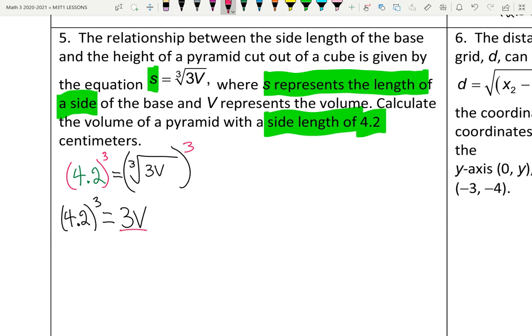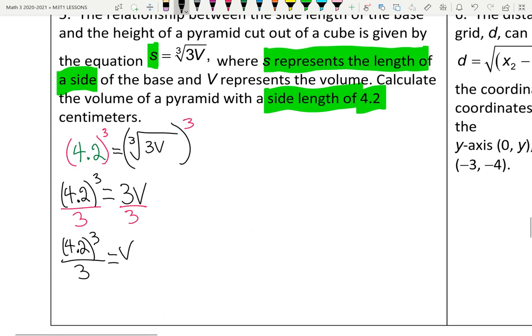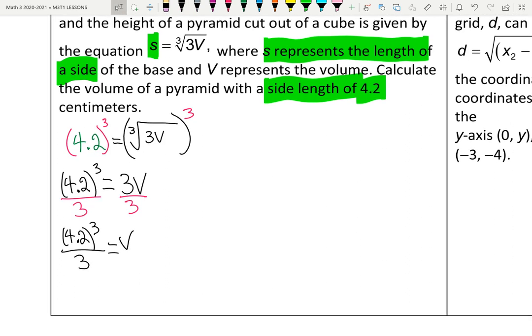To get v by itself, I have to divide by 3, leaving me with my answer, 4.2 to the third divided by 3 is going to be equal to the volume. 4.2 times 4.2 times 4.2, and then you divide it by 3. And this is going to give you the following, 24.696 is the volume.